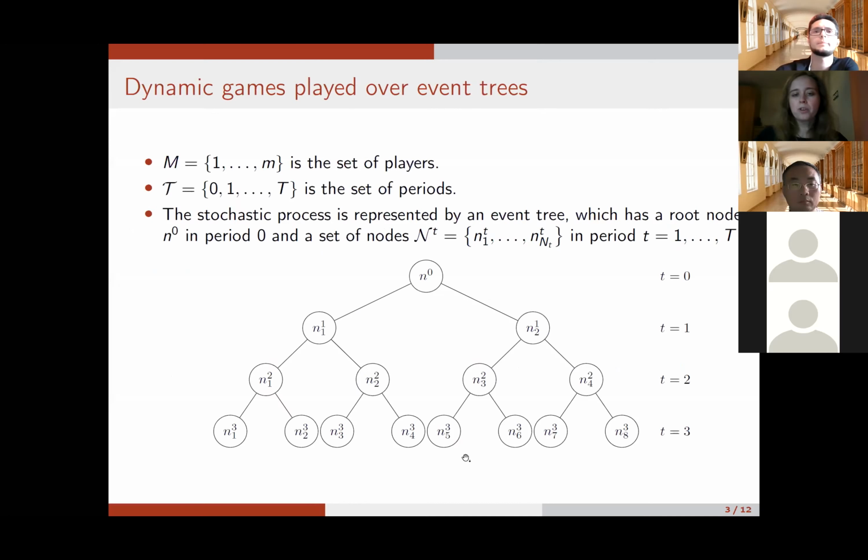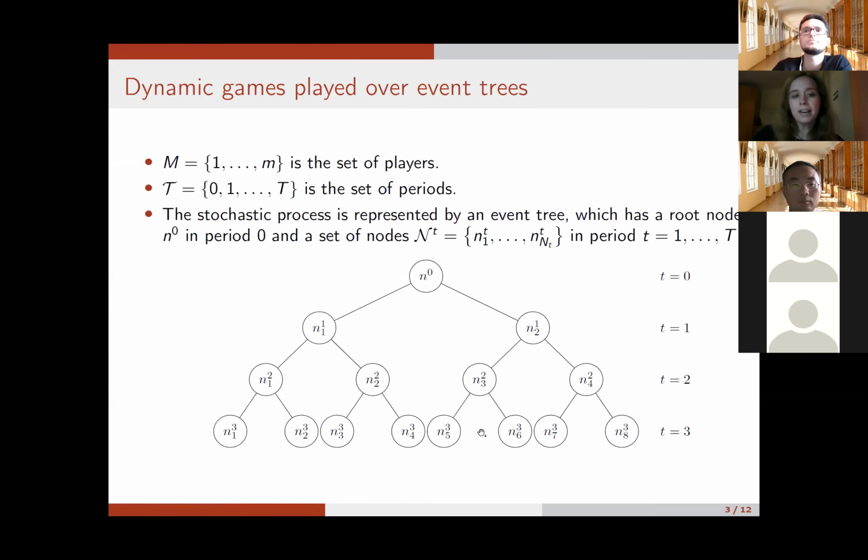The first part is devoted to dynamic games played over event trees, and I will describe a bit how these games are given. We can imagine a tree, called an event tree, and we assume we have a finite set of players and some stochastic process or uncertainty that can be represented on a tree.